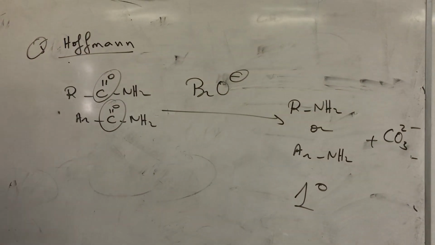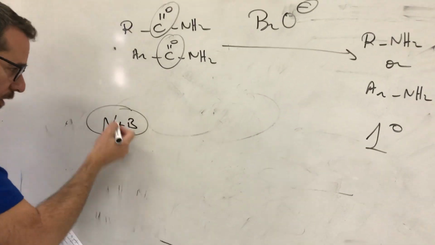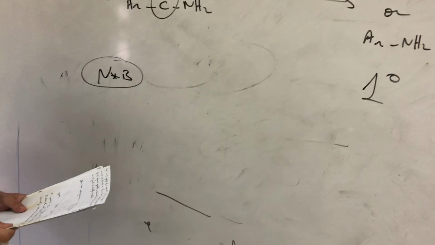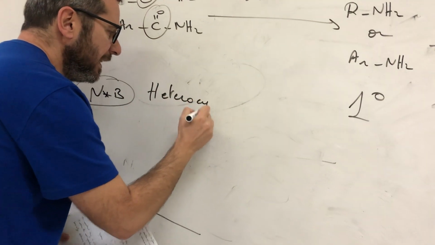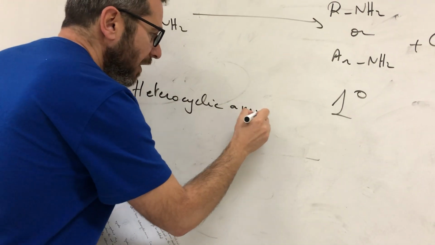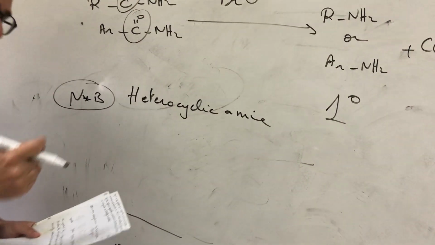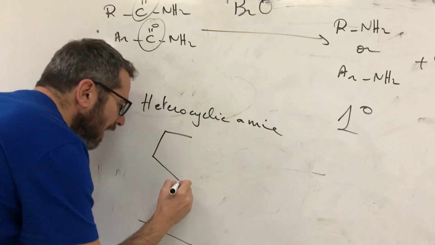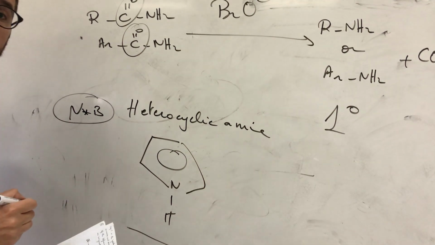Before moving to the reactions, I want to give you a note. What are heterocyclic amines? It means cyclic. We will see them in the last chapter of this course. The nitrogen can be inside a cycle. The most important one is the 5-membered ring, called pyrrole.